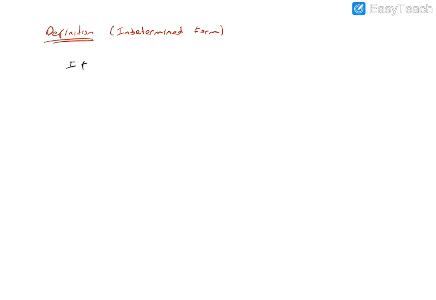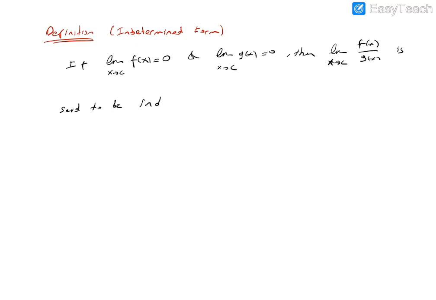So, if the limit when x goes to c of f of x equals 0, and the limit of g of x equals 0 as x goes to c again, then the limit of f of x over g of x as x approaches c is said to be indeterminate, or more specifically, a 0 over 0 indeterminate form.